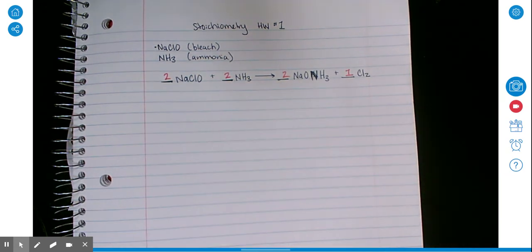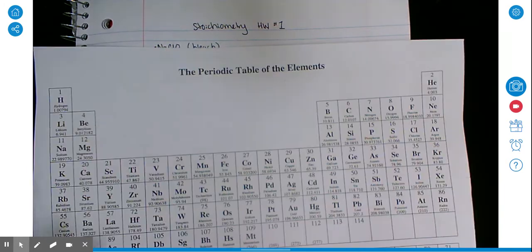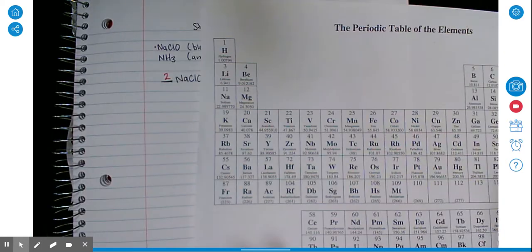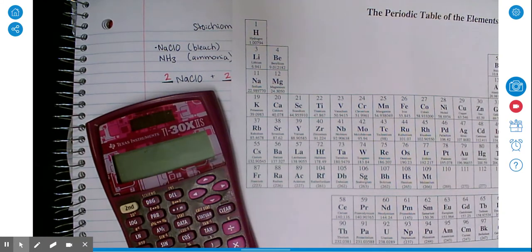Before I even started, I would figure out the atomic masses, the molar masses. I would get out a periodic table, and before I even read the equation, assume you're going to have to calculate them all. So NaClO.